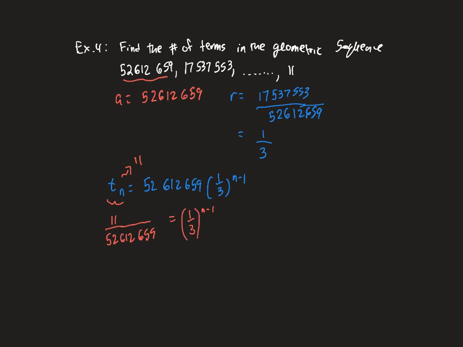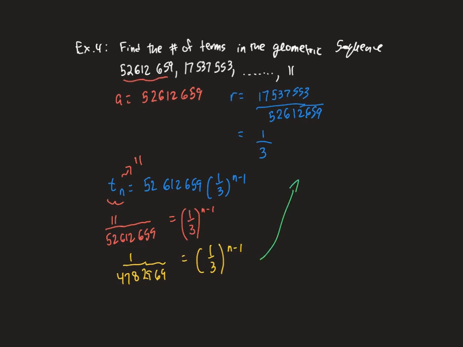Okay. I can also simplify this as 1 over 4782969 is equal to 1/3 to the power of n minus 1. Let's bring this over here and continue.